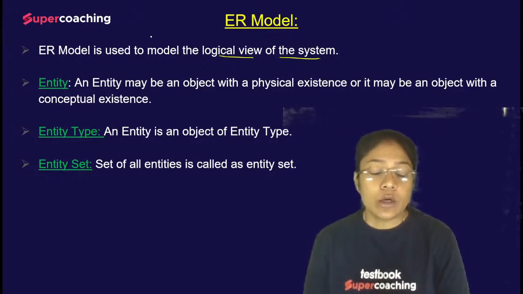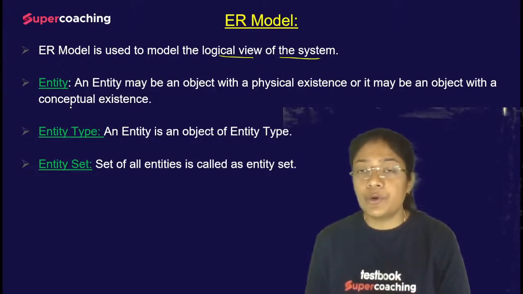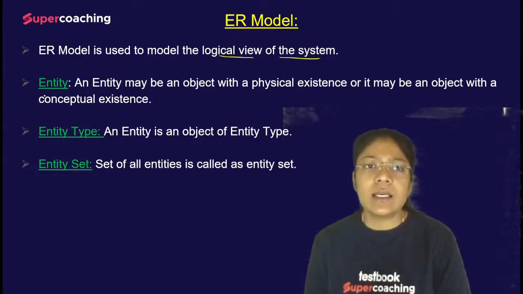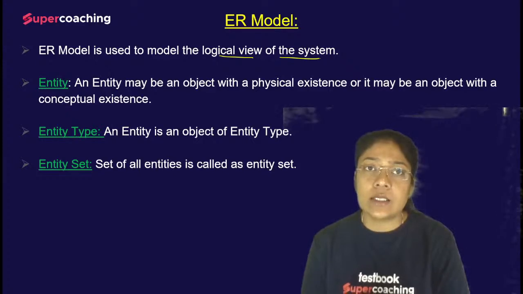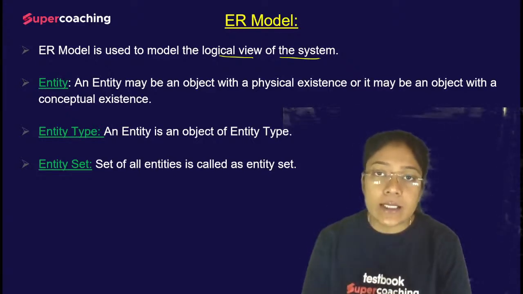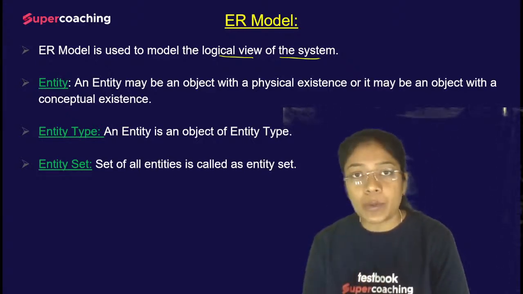So in the ER model, we will be using a few terms like entity. Entity is an object which has some physical existence. जो भी object है जिसकी physical existence है, definitely उसकी कुछ properties भी होंगी.